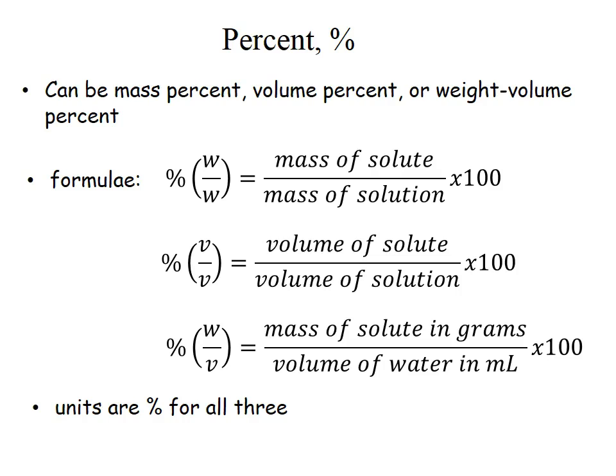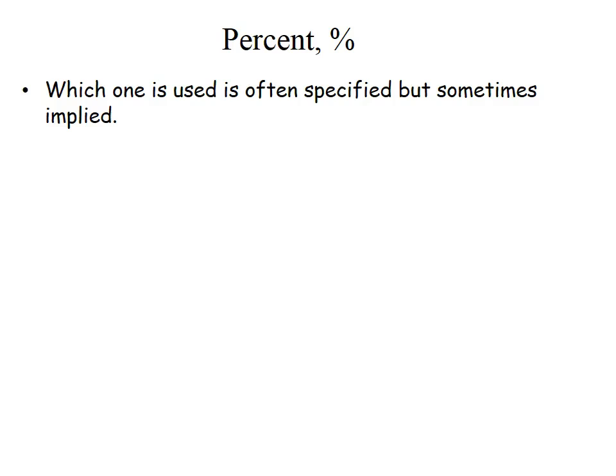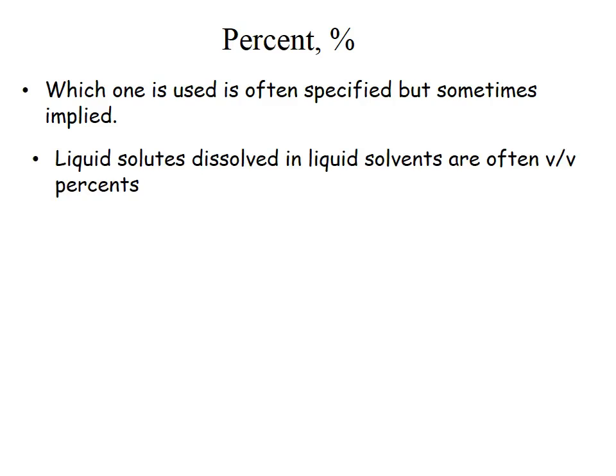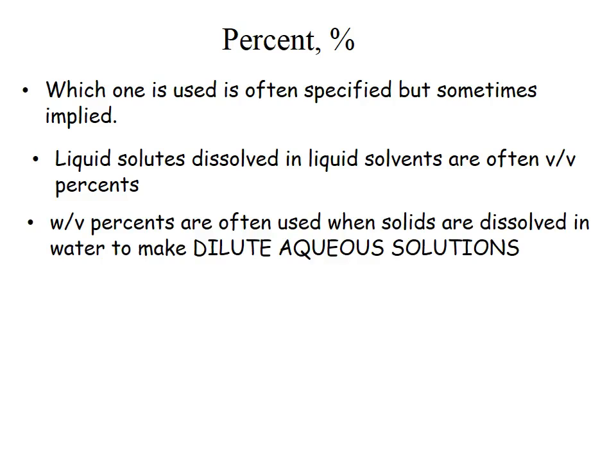The units for all 3 of these are percent. Sometimes it's indicated whether it's a weight volume, a volume volume, or a weight weight, and sometimes it's not indicated, it's just assumed based on the kind. It just depends. So that's what that top is saying: which one is used is often specified, but is sometimes just implied. Liquid solutes dissolved in liquid solvents are often volume percents. We already mentioned that. Weight volume percents are often used when solids are dissolved in water to make very dilute aqueous solutions.